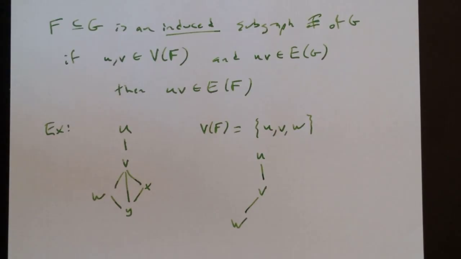When I took away the other vertices, I took all of the edges that touched them. And thus I've induced a subgraph by naming this collection of vertices and taking the pieces that got taken away, took their edges with. Talk to me.